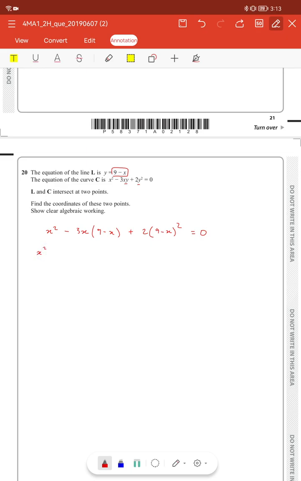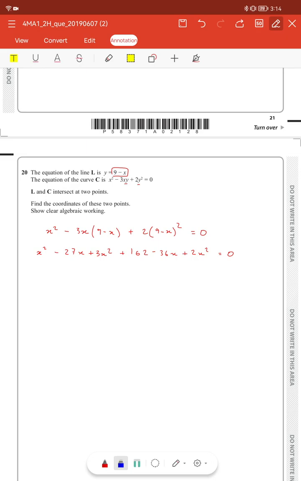That would simplify to x squared minus 27x plus 3x squared plus 81 times 2, which is 162, minus 36x plus 2x squared equals 0.